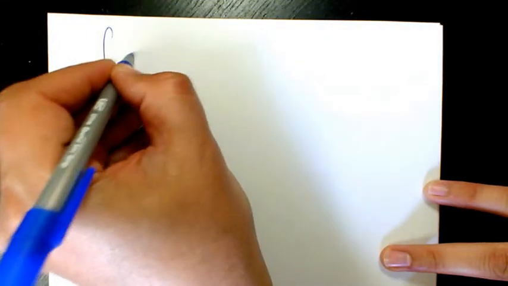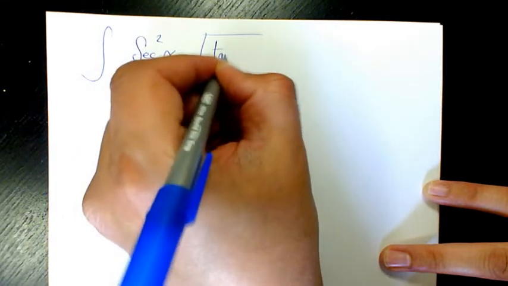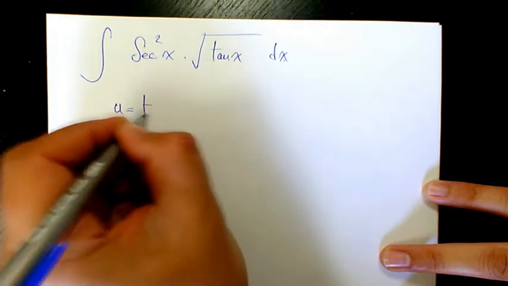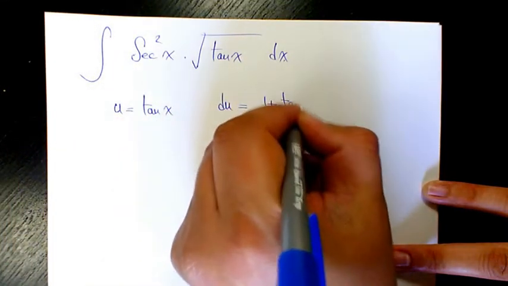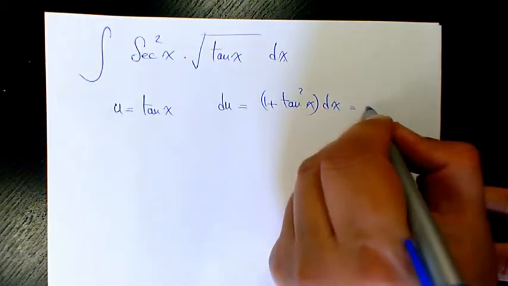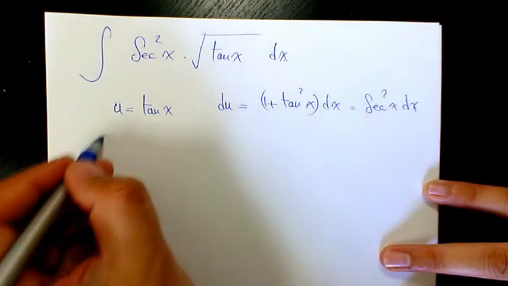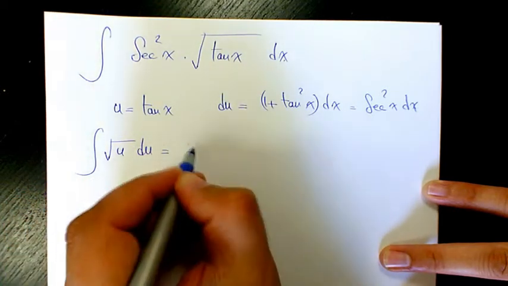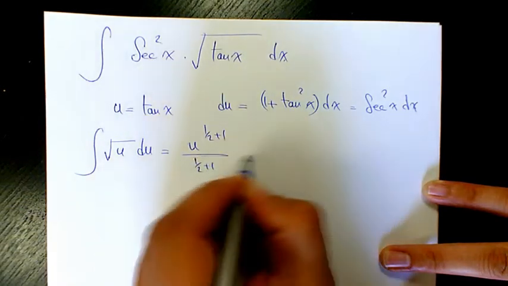Next one, secant squared x times root tan x dx. If you have u equals tan x, du is 1 plus tan squared x dx, or secant squared x dx. So in this example, it's going to be root u du, and the integral is going to be u to the power of 1 over 2 plus 1, over 1 over 2 plus 1, plus c.